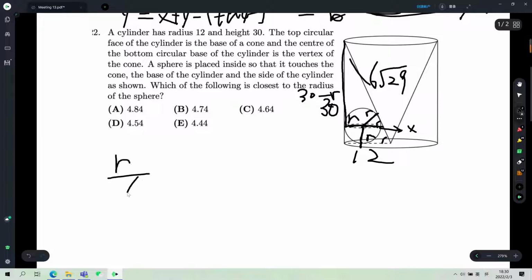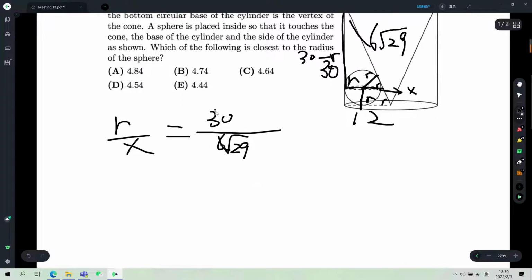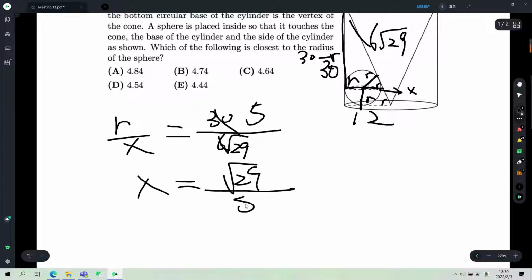So r over x equals 30 over 6 times square root of 29. And we can know that x equals square root of 29 over 5 times r.